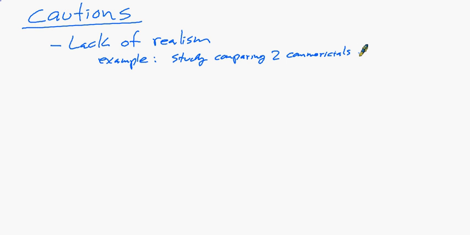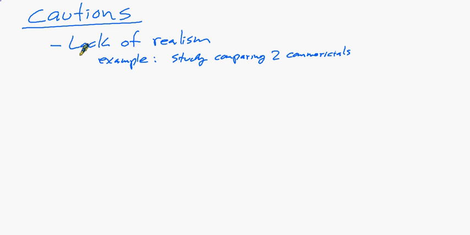One example is a study comparing two commercials. Right? We have a researcher that gets a bunch of kids. He wants to know which commercial they like better. Brings them into a lab. They watch it. They say, I like the first commercial better.